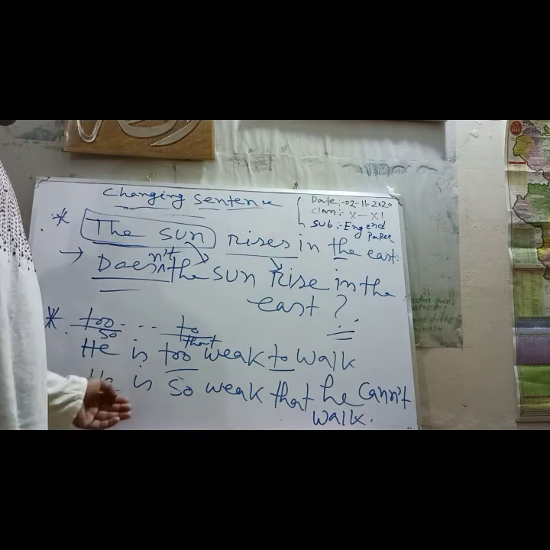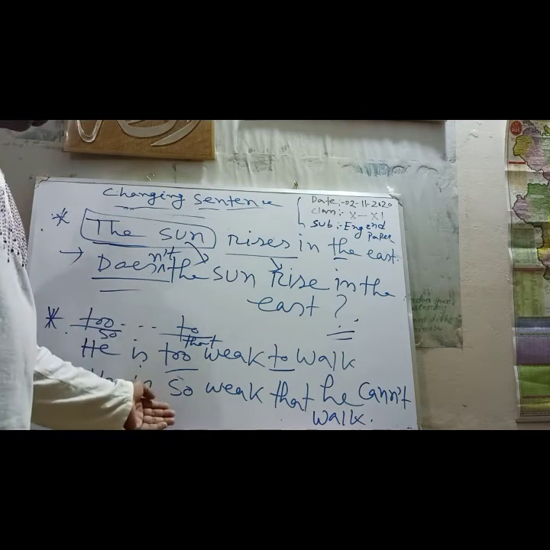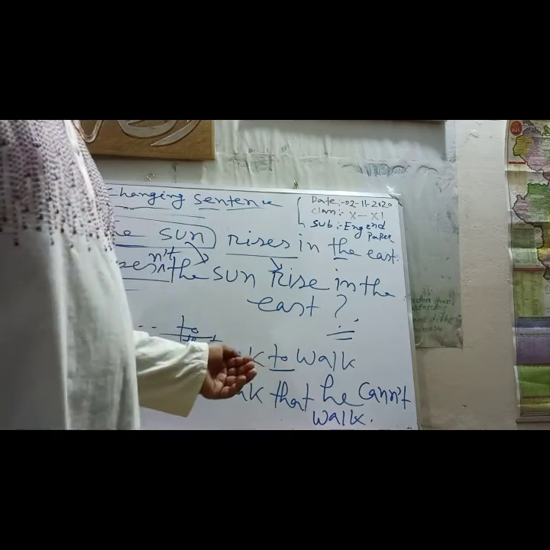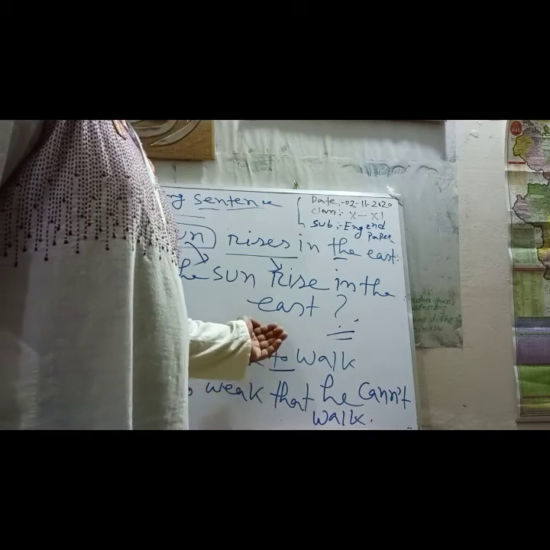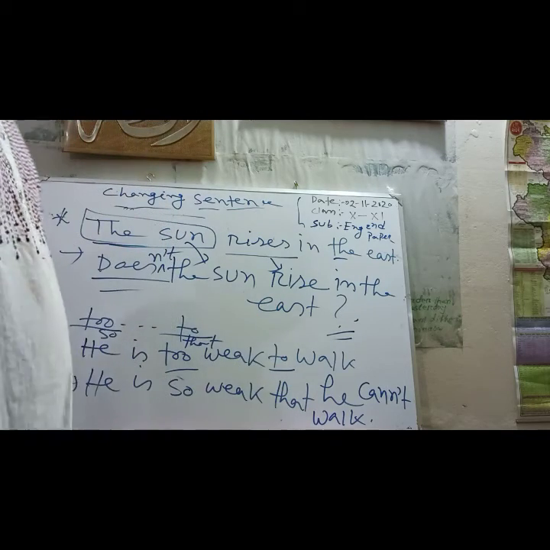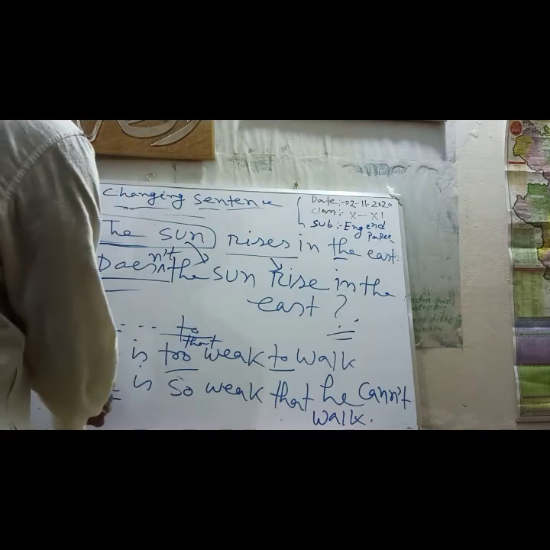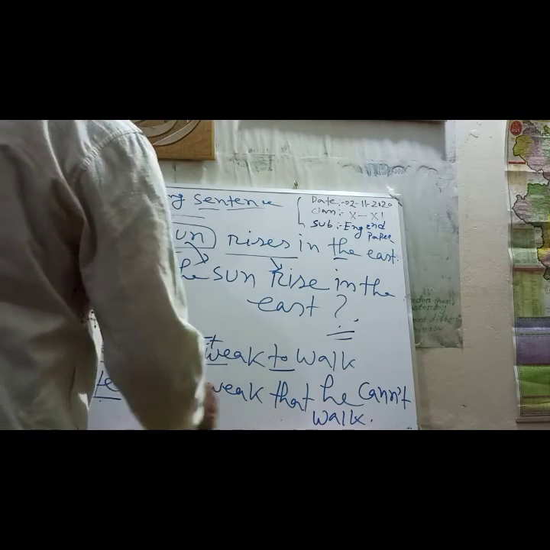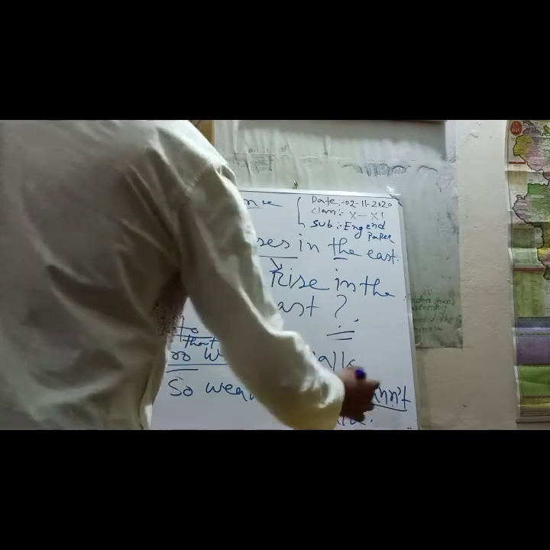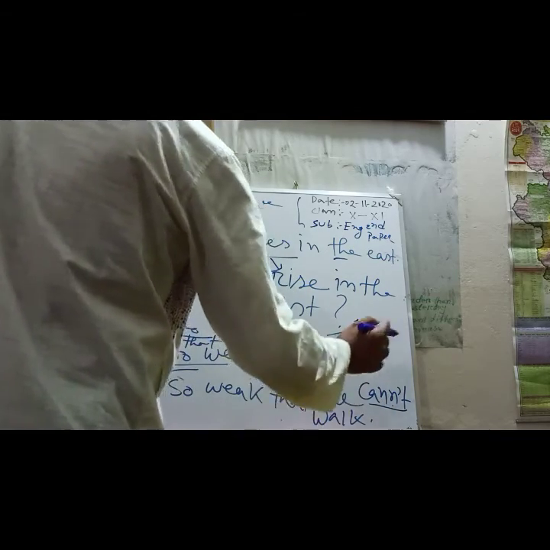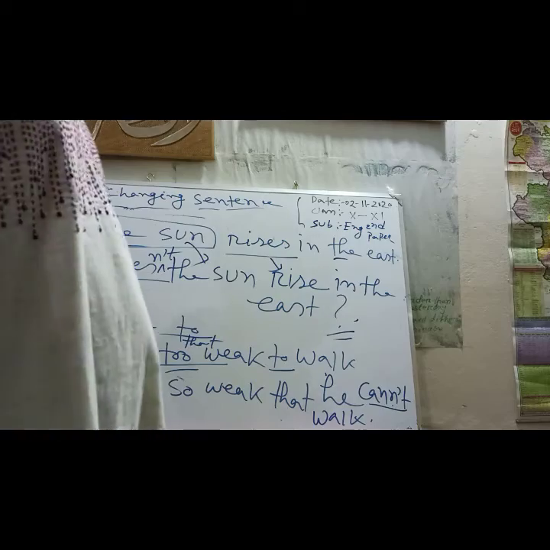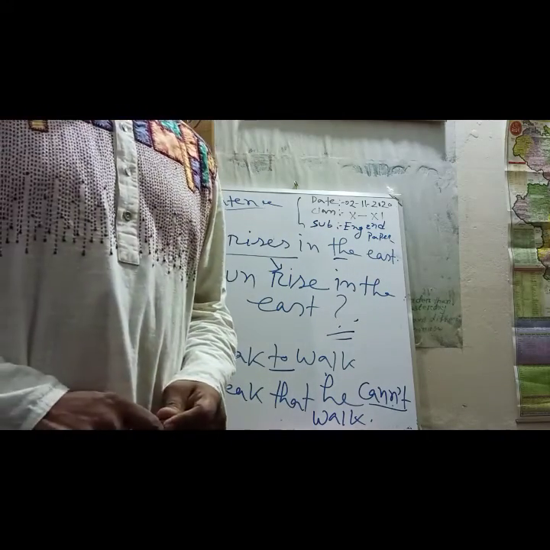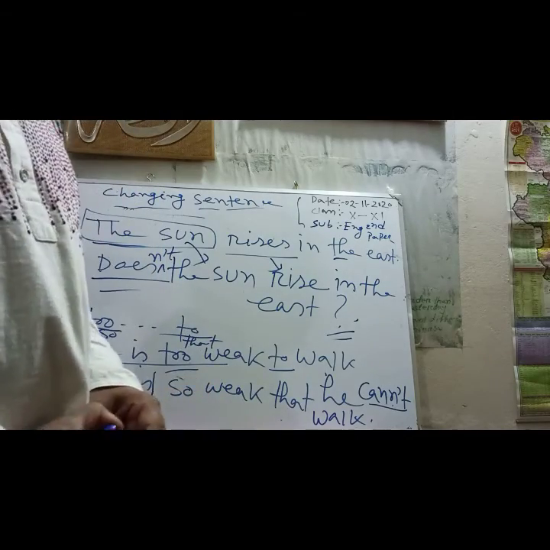He, subject, is, instead of too we use so, and then the adjective, and then that, and we use the previous subject he, and the sentence is present tense. For this reason we use can't, and the main verb.